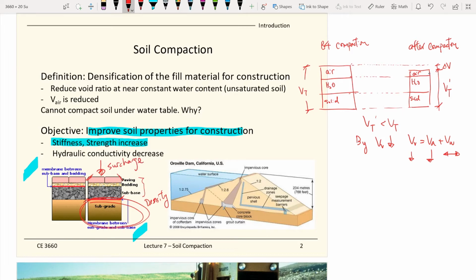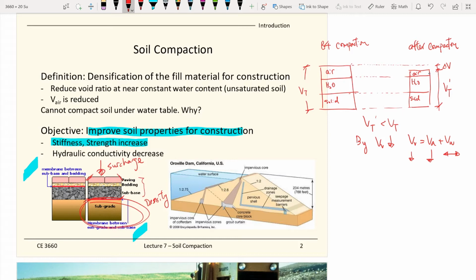Could be from the building, could be from traffic loading like the vehicles driving through your highway pavement, or the final pavement for construction of buildings.